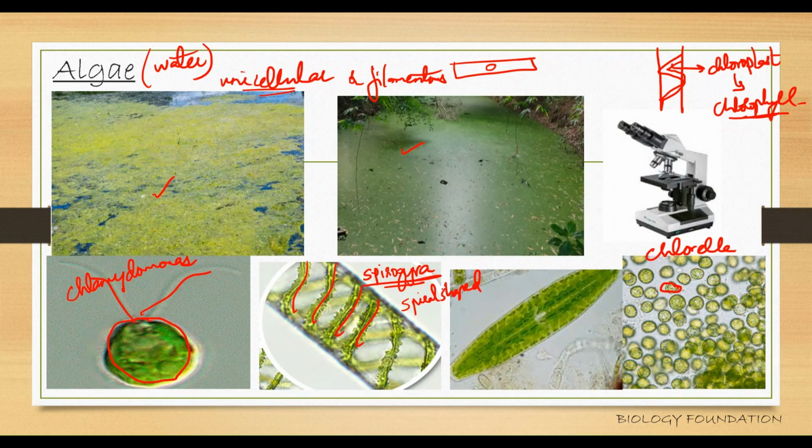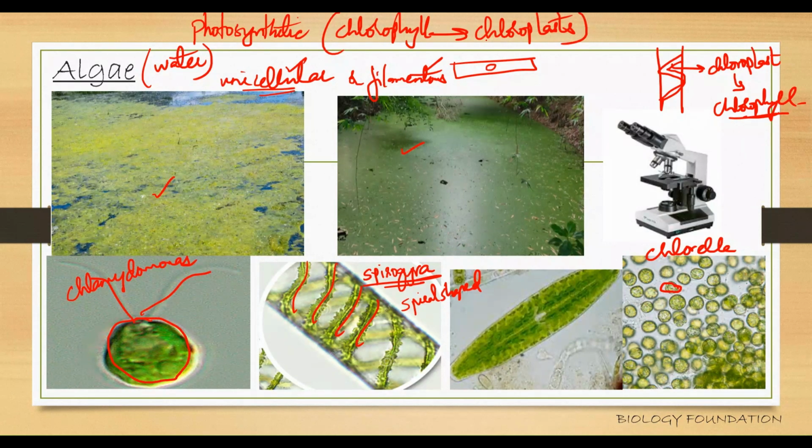So basically, algae can be either unicellular or filamentous. They are found in water bodies, and these algae are photosynthetic. Why is that so? Because of the presence of a green pigment known as chlorophyll. Where is this chlorophyll present? It is present in special organelles known as chloroplasts.